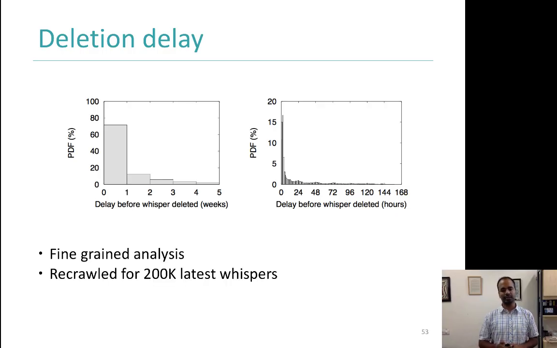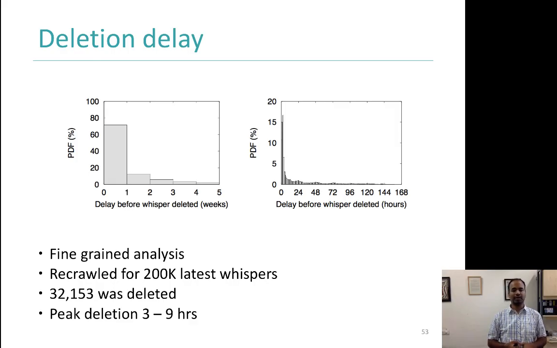Now let's look at the analysis on the right. It's a fine-grained analysis, replotted for the 200,000 latest whispers. They were interested in trying to understand how many hours. The first graph was a week; what is the analysis in hours? They found that 32,153 were deleted.